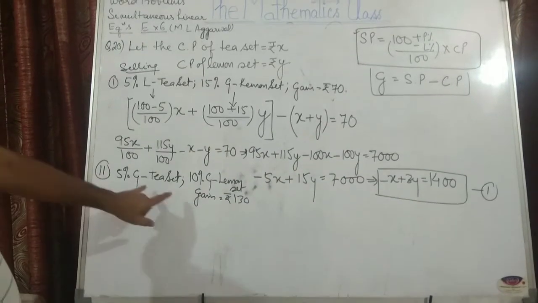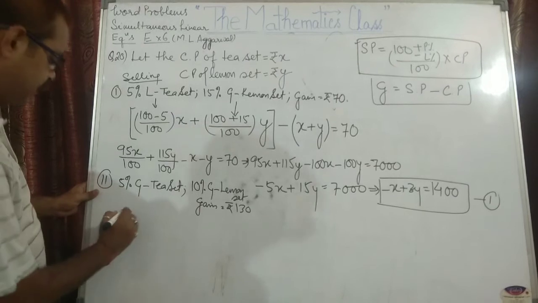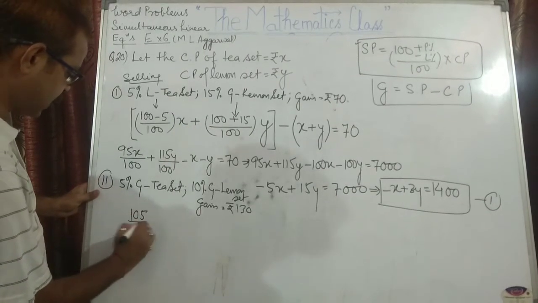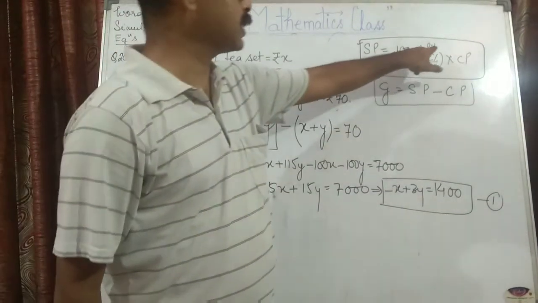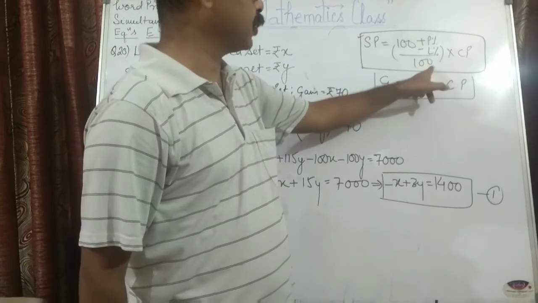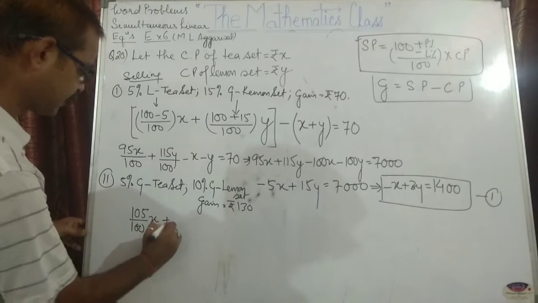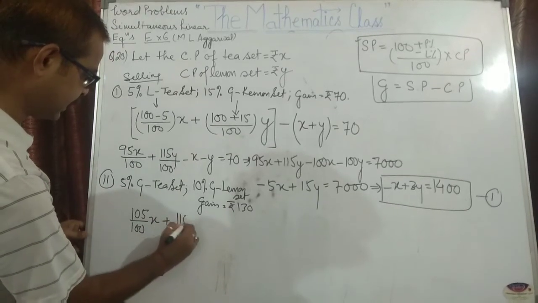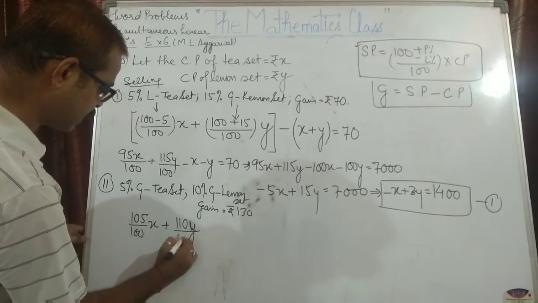So again, the total selling price. Now in this case, it will be 105 upon 100 into X, because 100 plus profit percent upon 100 into CP. So 100 plus 5 is 105 upon 100, CP was X. Plus 10% gain, 110 Y upon 100.